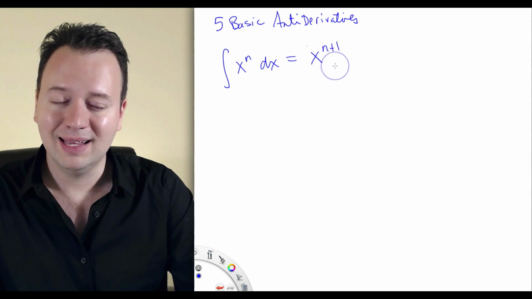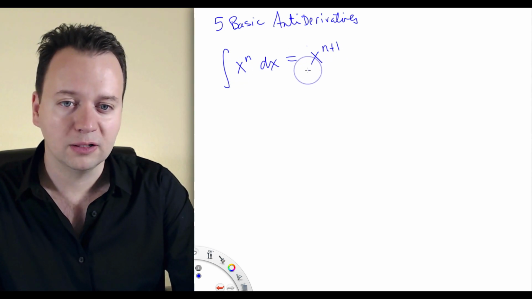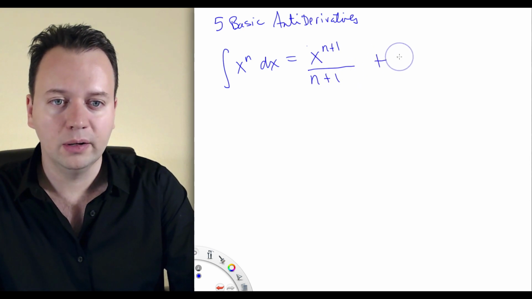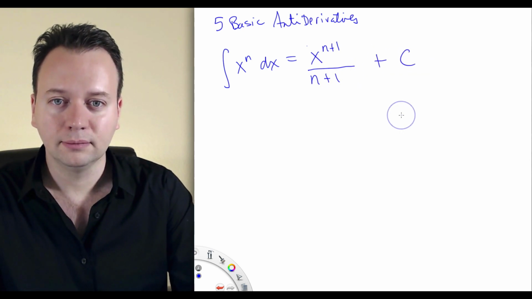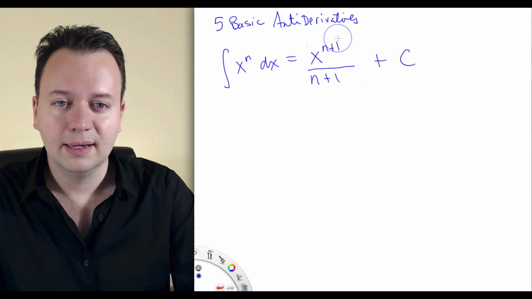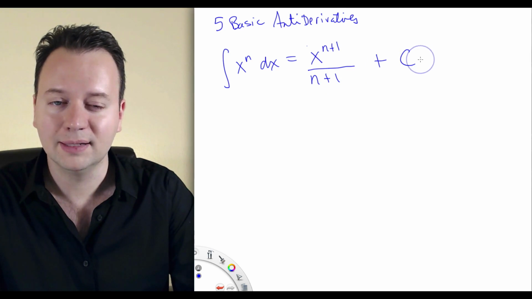And then second, instead of multiplying by the new exponent, I divide by the new exponent. So I get x to the n plus 1 over n plus 1, and then plus c. So the integral of x to the n dx is equal to x to the n plus 1 divided by n plus 1 plus c.